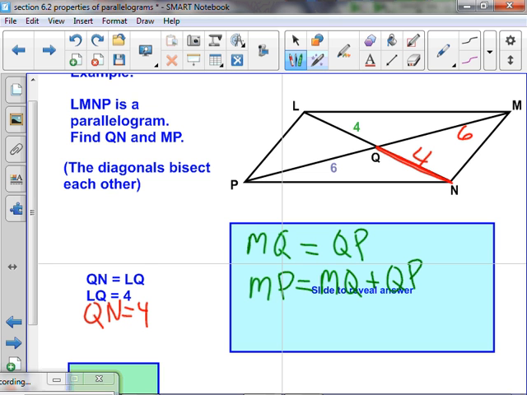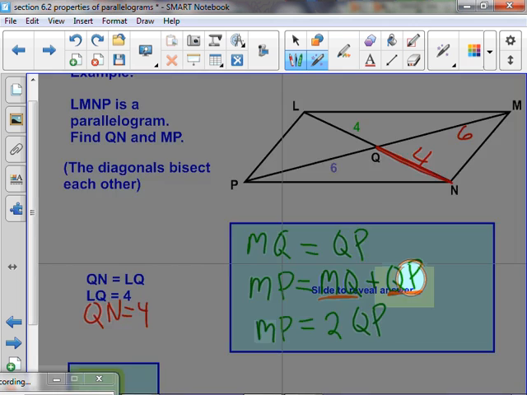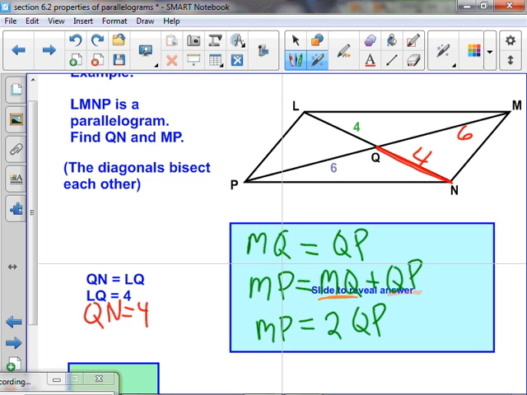Well, we already were given QP, so we can say that MP is equal to 2 times QP, because we know that this here and this here are the same, so we've got one of those. If we just double it, we have both of them. So we have MP is equal to 2 times 6, which equals 12. And we're done.